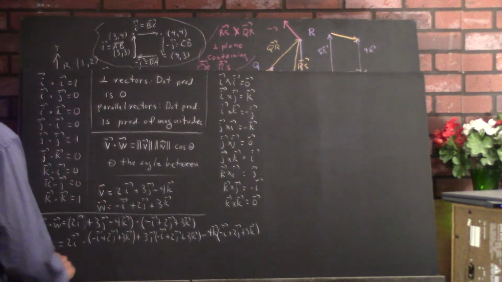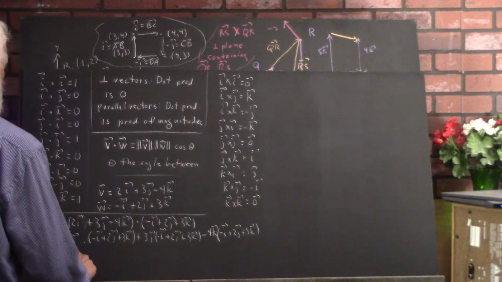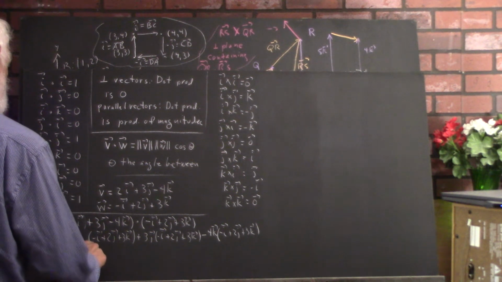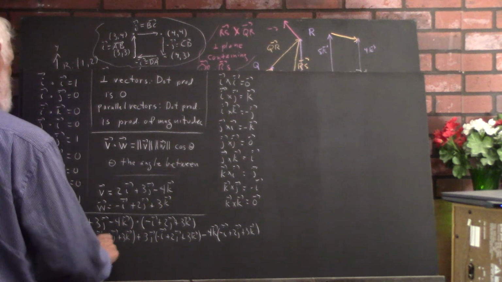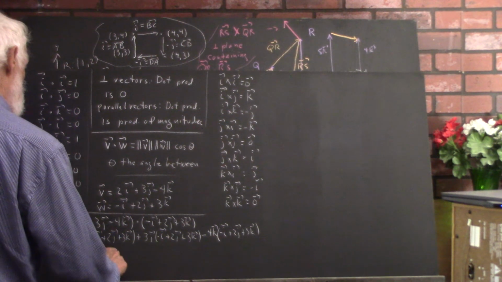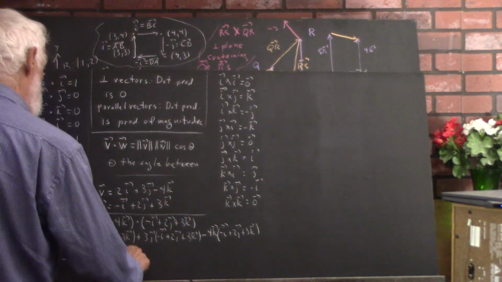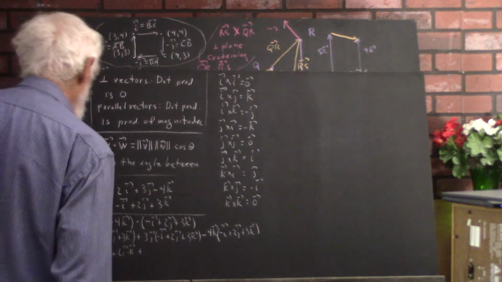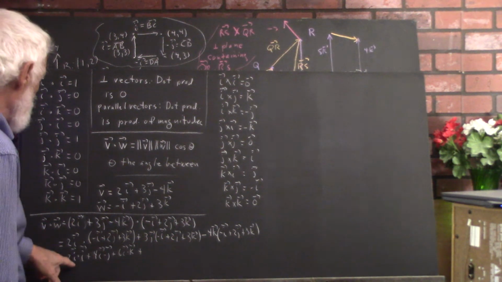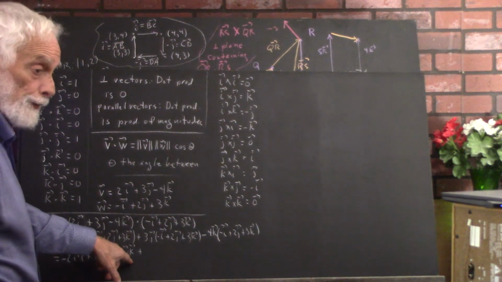And that equals 2I times negative I, which is negative 2I dot I, and then 4 times I dot J, and 6I dot K. I'm going to stop there for a minute and note that I dot I is 1, I dot J is 0, I dot K is 0.